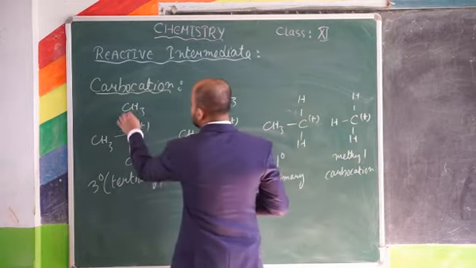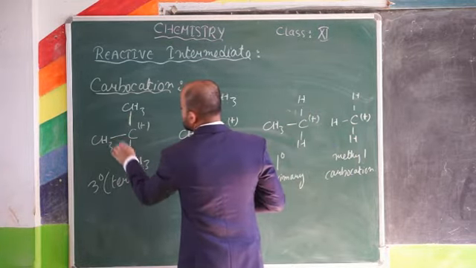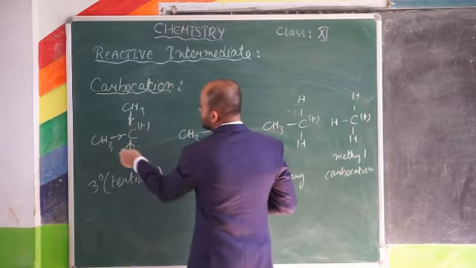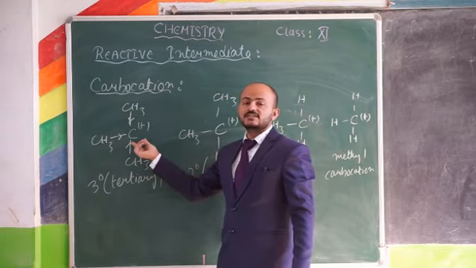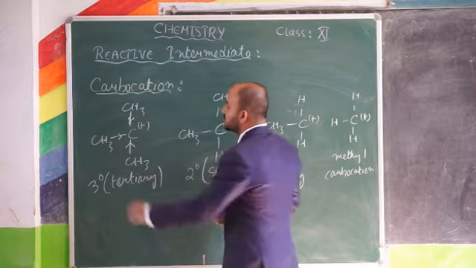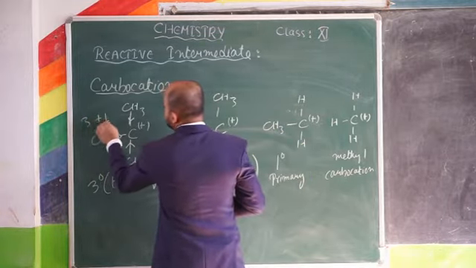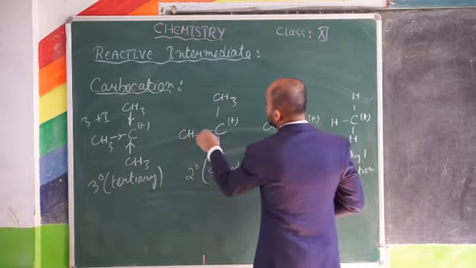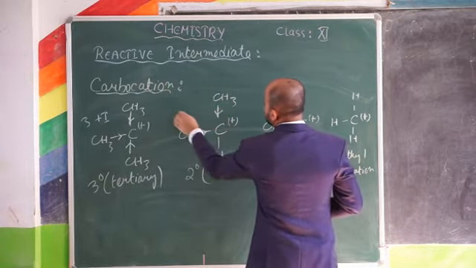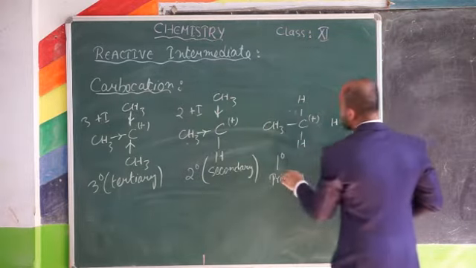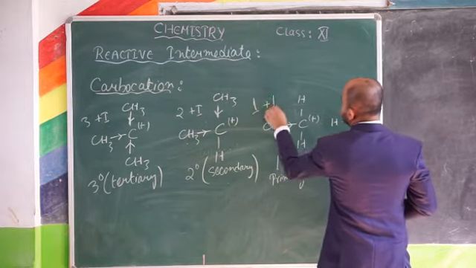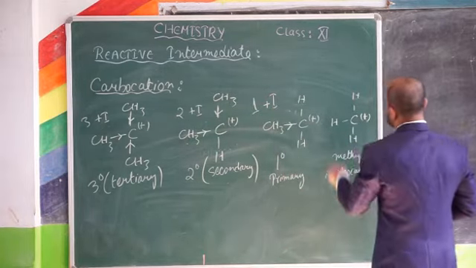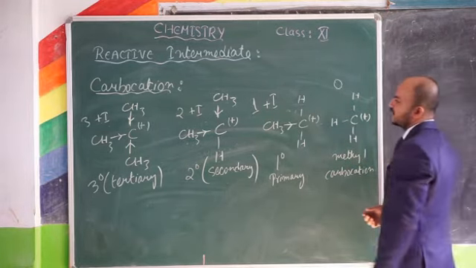In tertiary you have 3 CH3 groups, so there are 3 plus I effects which increase the electron density over this carbon. In secondary you have 2 plus I effects, in first degree only one, and in methyl carbocation you don't have any plus I effect.